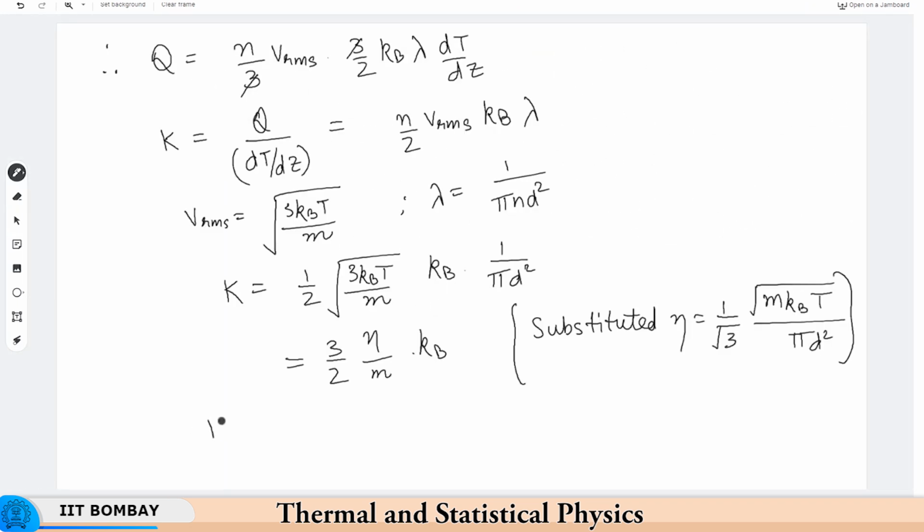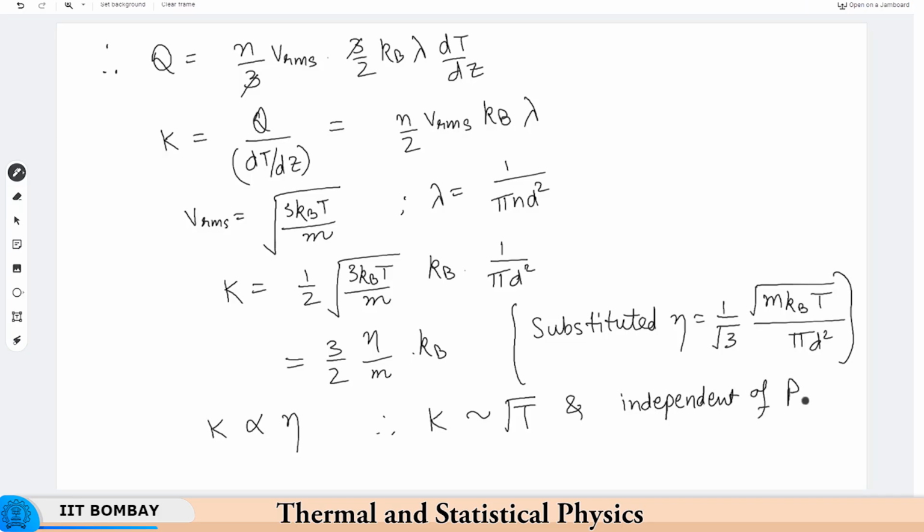Okay. So, what that means is the coefficient of thermal conductivity is basically proportional to the coefficient of viscosity, right, and therefore, K should also scale with the square root of temperature, and be independent of pressure. Okay.